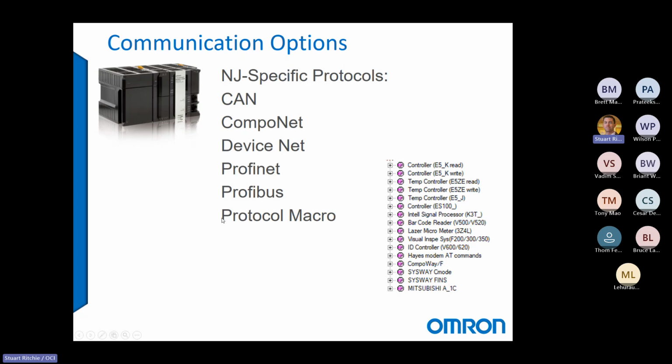We also have a card called the protocol macro card, and this list on the right-hand side here are just the default protocols that you can do with it. So you might have a very specific piece of hardware, like an older E5 temperature controller, and you need to talk to it. Well, we've got a protocol built into the protocol macro portion of it.